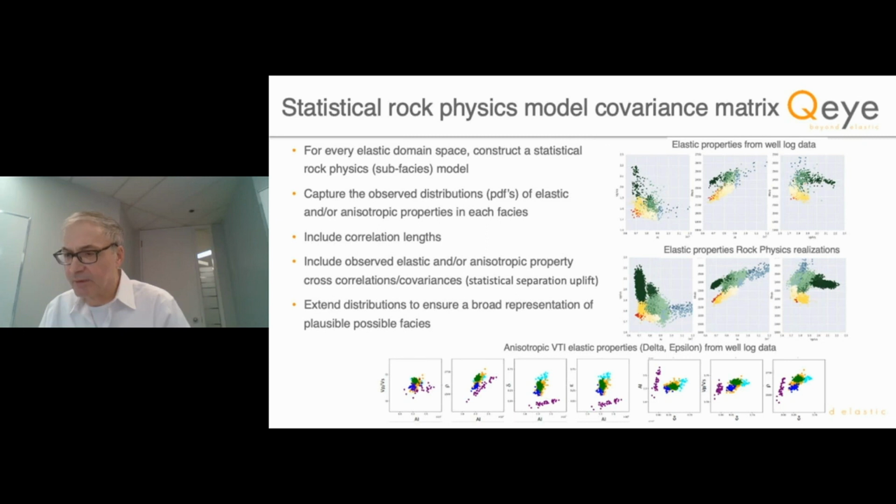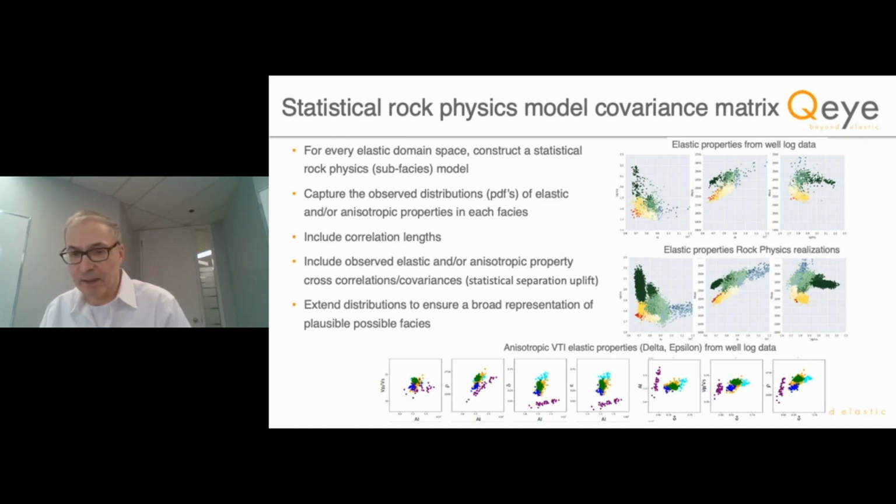You can see that we have, for instance, AI, VP/VS, AI density, and VP/VS density cross plots. We get a sense from these elastic distributions of where our facies exist in the elastic space, as well as their range of probabilities, of how much of a distribution of these facies we can actually model.